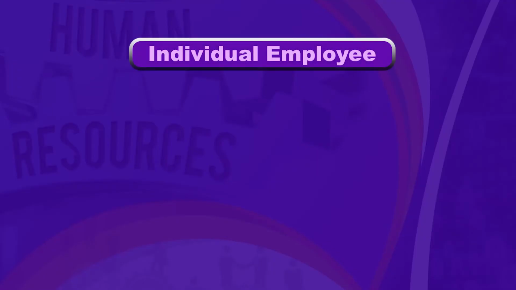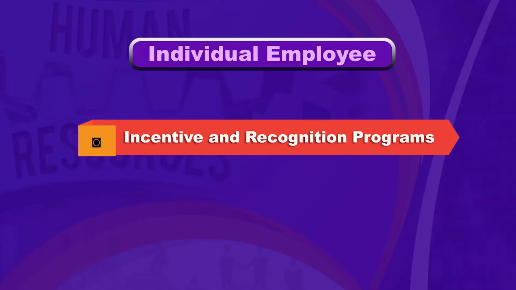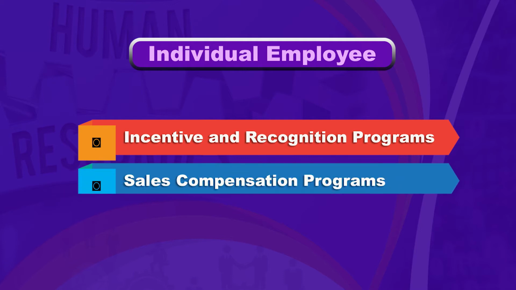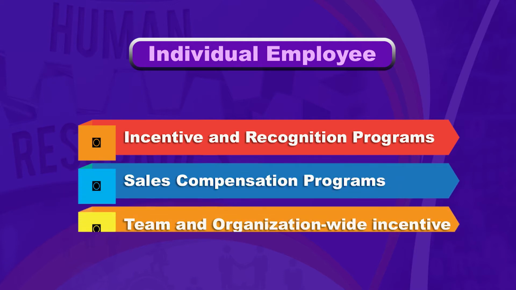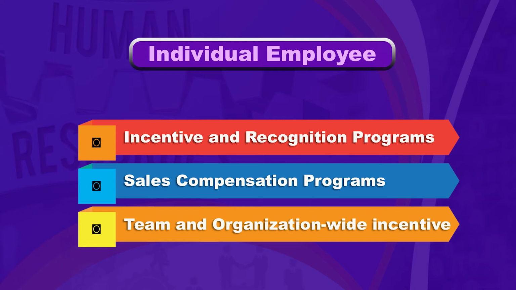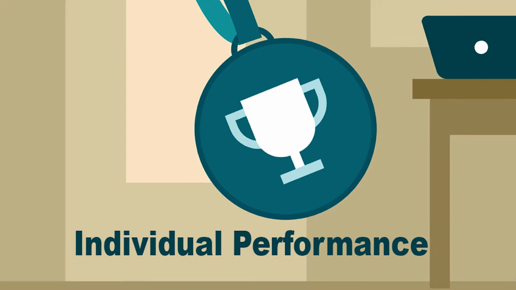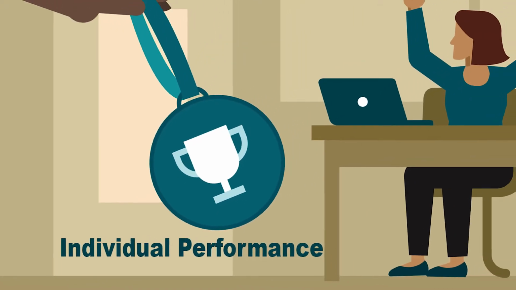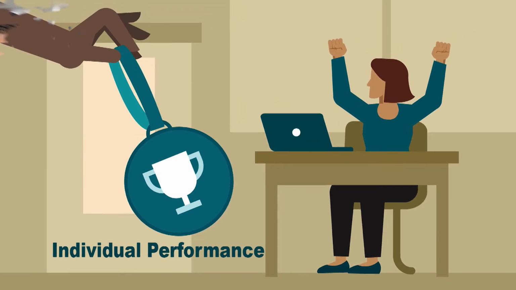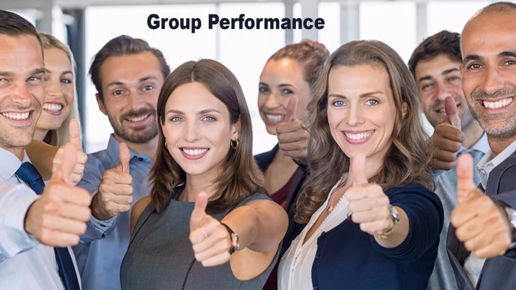We will now present individual employee incentive and recognition programs, sales compensation programs, and team and organization-wide incentive programs. As you can see, some incentives are tied to individual performance, while some others can be earned based on the performance of the group, each member of which may be paid equal amount of the incentive.